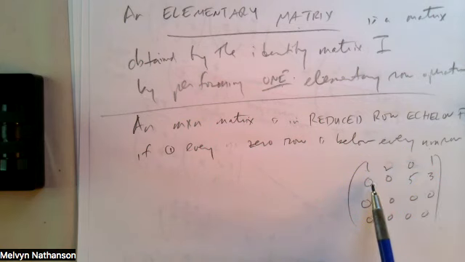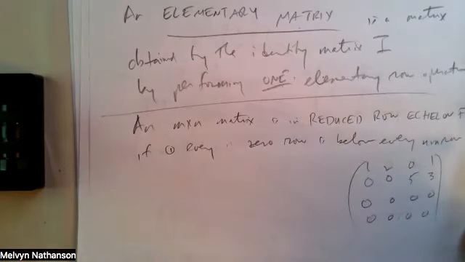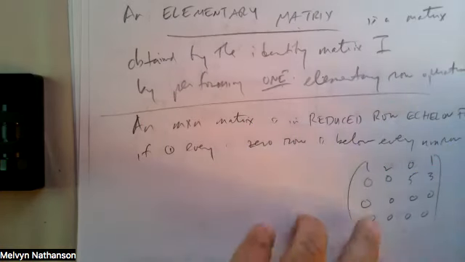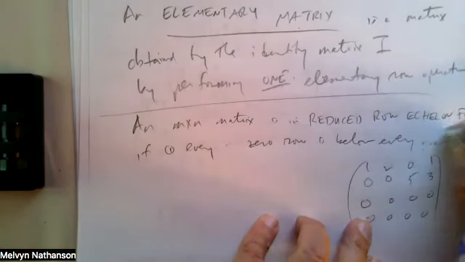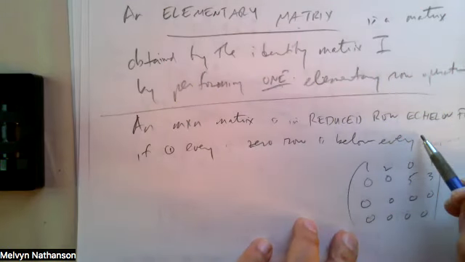This row has non-zero coordinates. This row has non-zero coordinates. These rows are all zero, and the zero rows are below the non-zero rows. So every zero row is below every non-zero row.